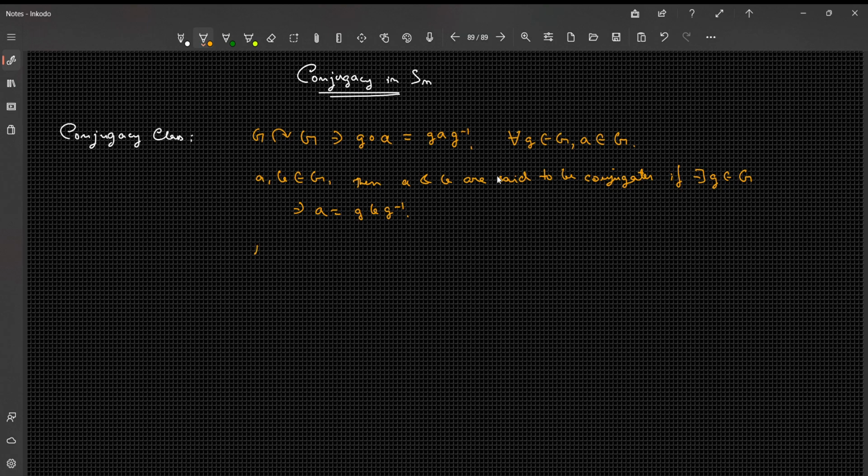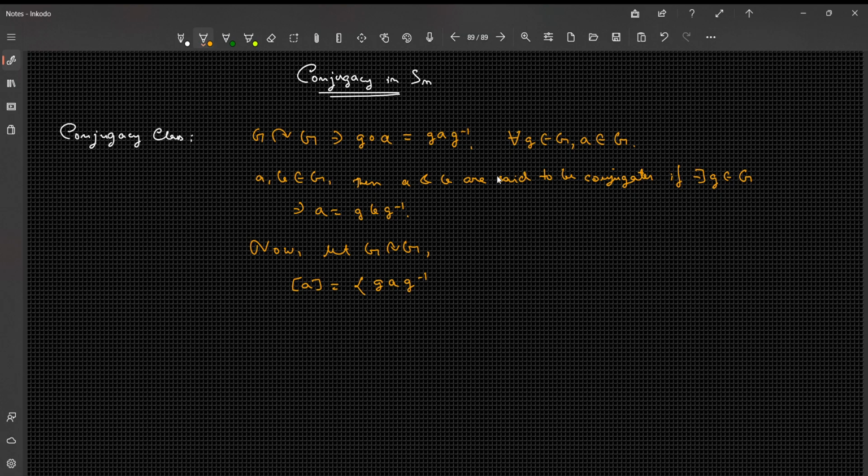Okay. Now let G be acting on itself. Then we consider the set, let us denote it as box a, which consists of the elements which are conjugates to a.